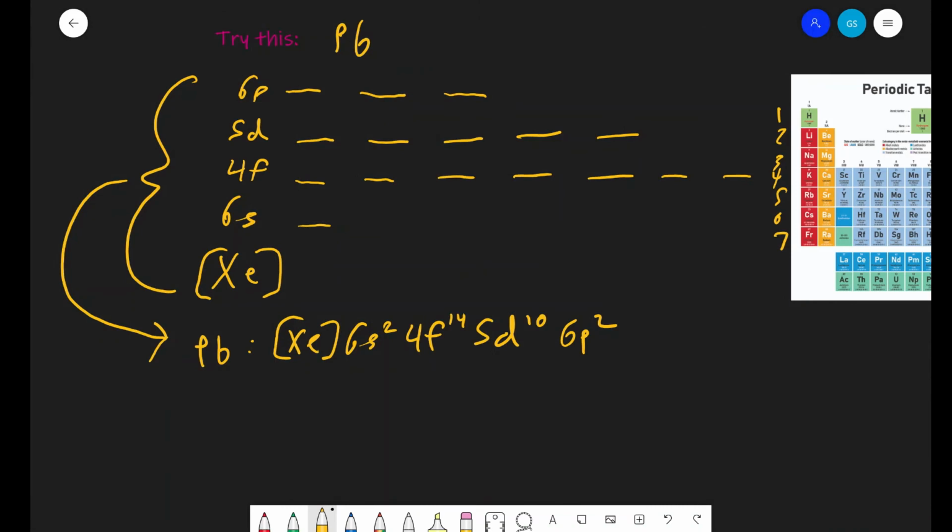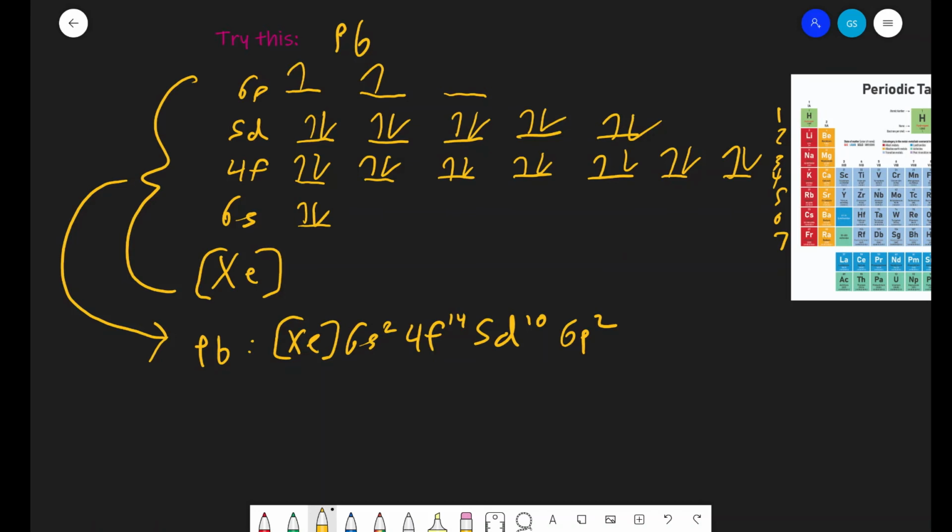So 6s2, 4f14, 5d10, and then 6p2. Again, you already know why I write it this way. This is lead.